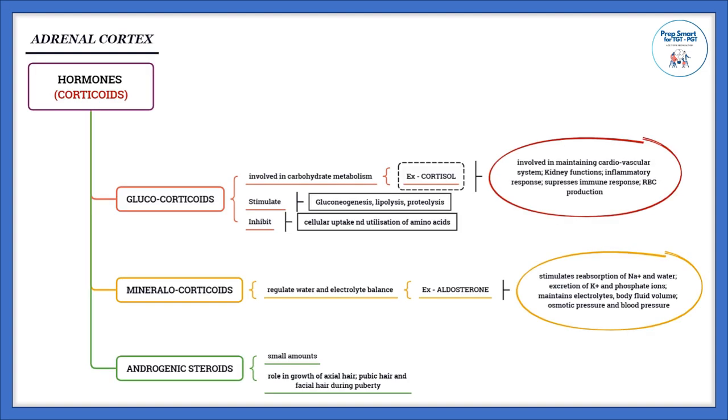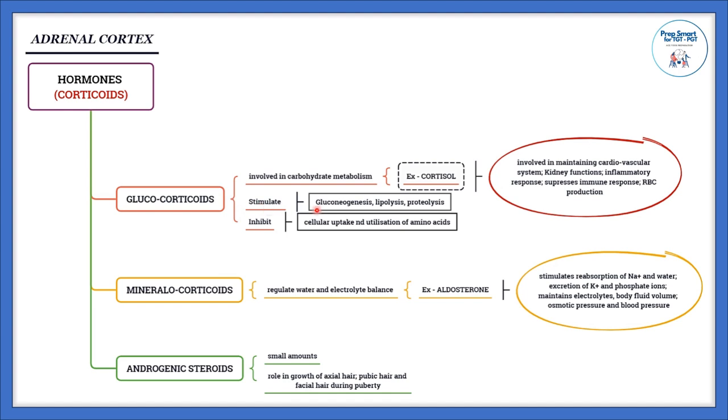Next portion is the adrenal cortex. The hormones combinedly are called corticoids. The hormones involved in carbohydrate metabolism are called glucocorticoids. Hormones involved in the regulation of water and electrolyte balance are called mineralocorticoids. One of the major examples of glucocorticoids is cortisol, which is basically released during stress conditions.